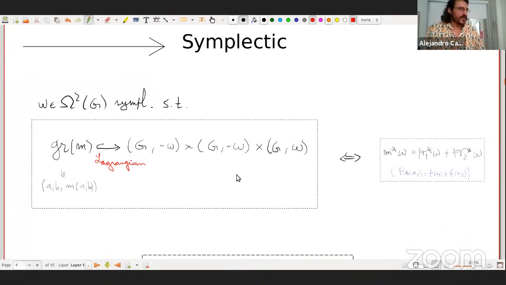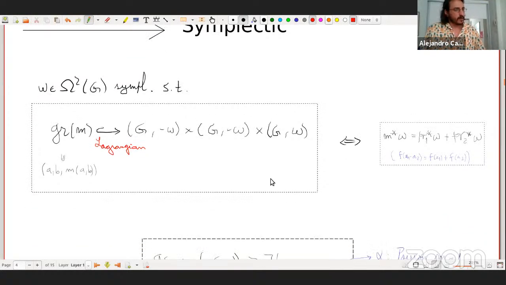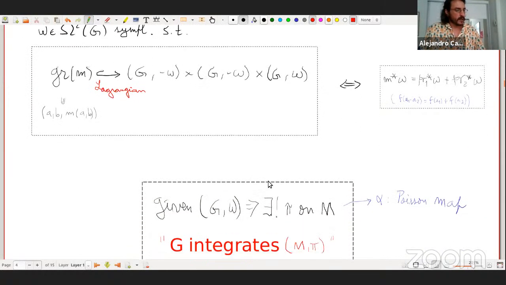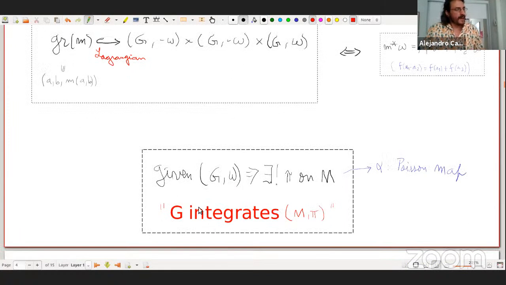So patching all this together, something that I want to recall from this is the following. If you have one such local Lie groupoid, which is symplectic, one can show that there exists a unique Poisson structure on the space of objects.